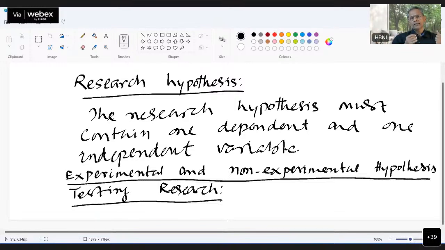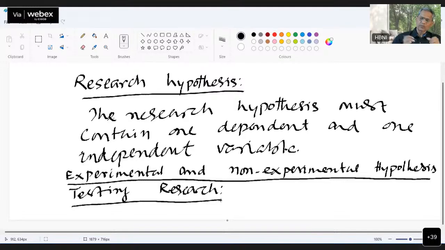But in another case, you split the class into 25 and 25, and then you give coaching to 25, and then study the relationship after those who are trained, how their reading abilities change. So in that case, it is an experimental hypothesis testing.